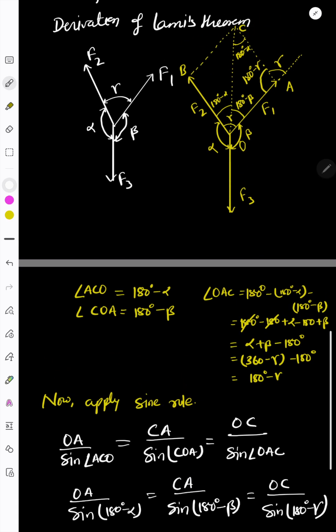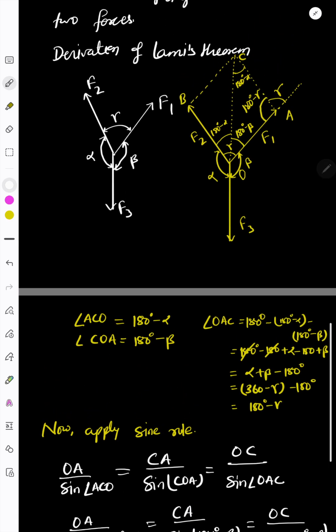OA is F1. CA is equal to F2, because the two lines are parallel. And OC is equal to F3.